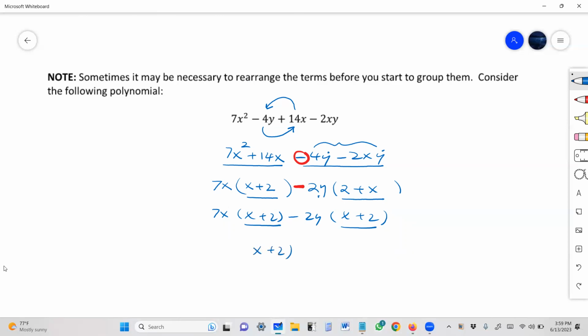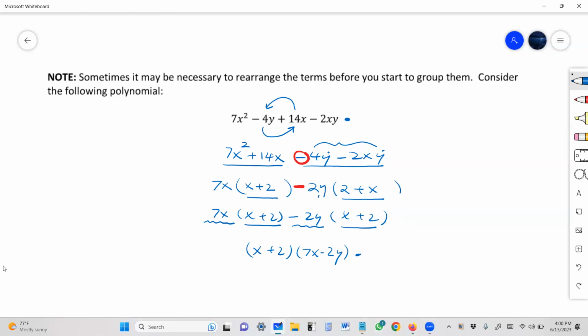Factor it out. Open a second pair of parentheses, and in the second pair, you already know what to write. 7x minus 2y. And you could FOIL to check that this equals that. Okay, so let me say again that this is an unusual case.